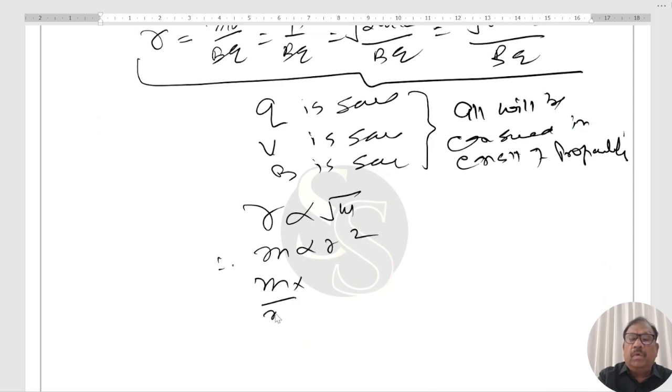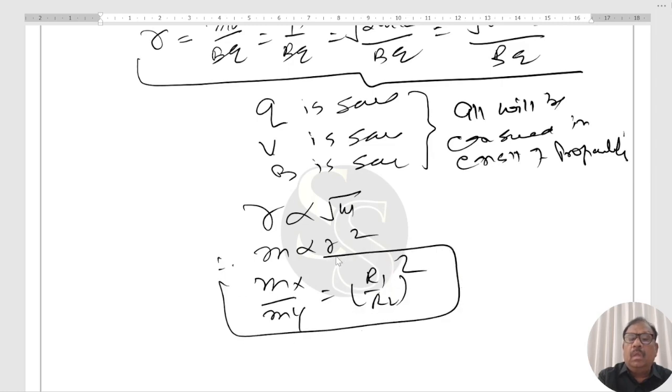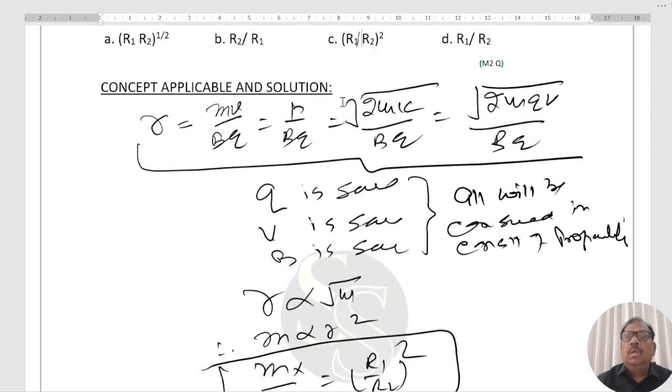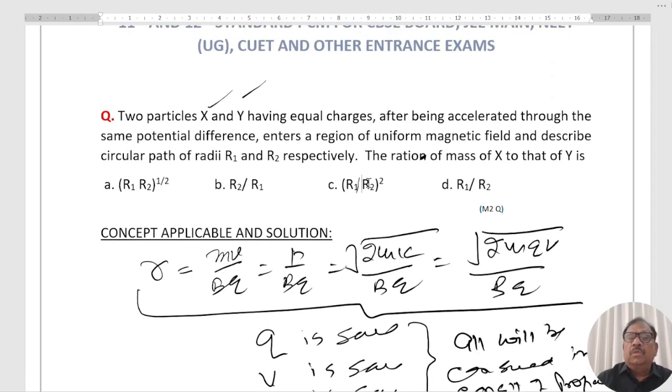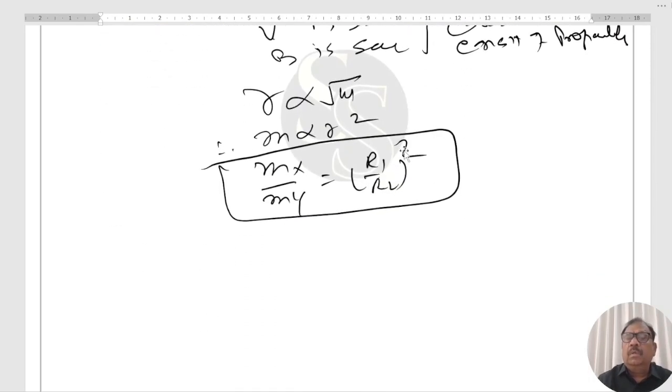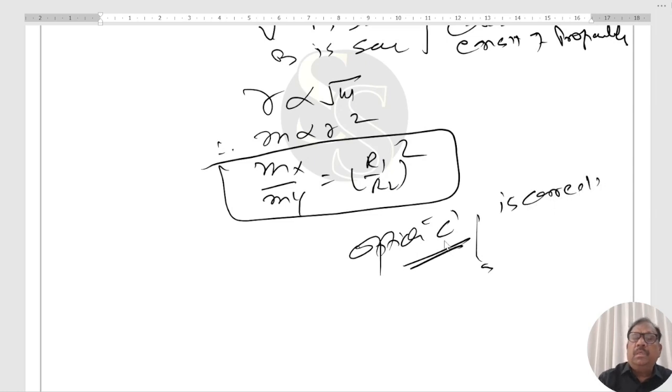Mx over My equals R1 square over R2 square. This is the answer. Check up. C option is correct. Option C is correct. Right?